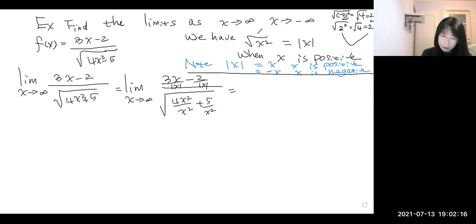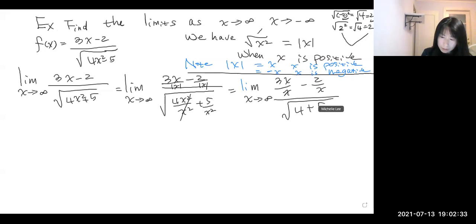All right, then I want to rewrite this one this way: (3x over x minus 2 over x) over the square root of 4 plus 5 over x squared.